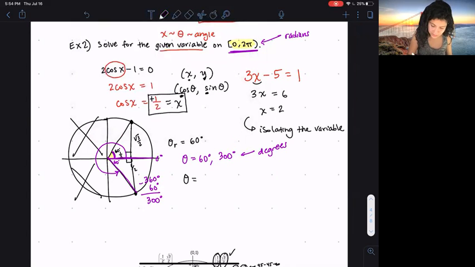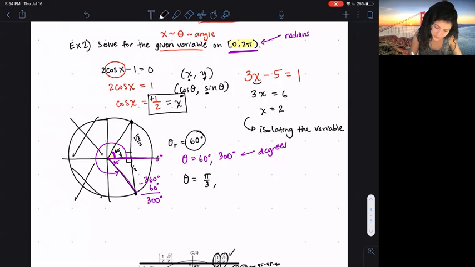So first, 60 degrees, you should know, is pi over 3 radians. And 300 degrees is actually a multiple of 60. So this one's a little trickier because we haven't memorized it, but I'm showing you how to go about it. In fact, the second answer will always be a multiple of the reference angle.